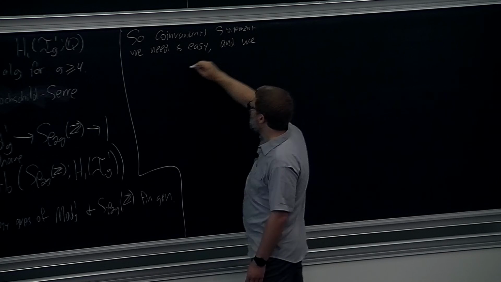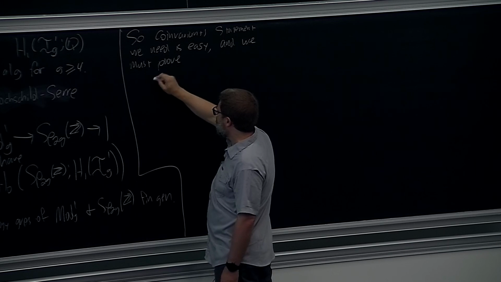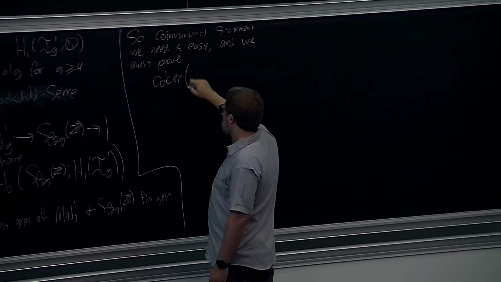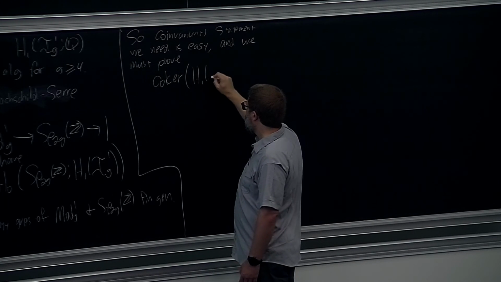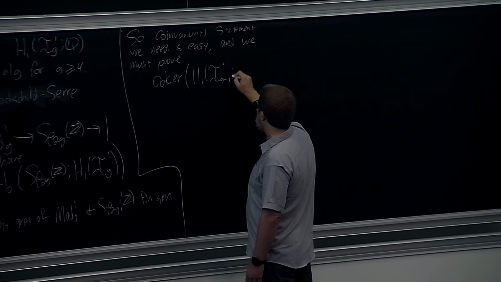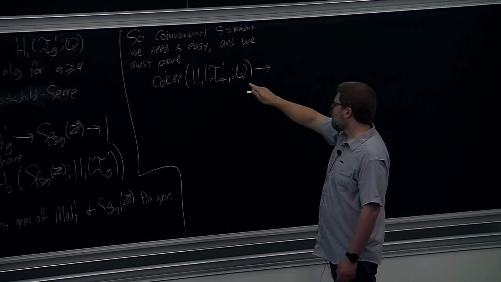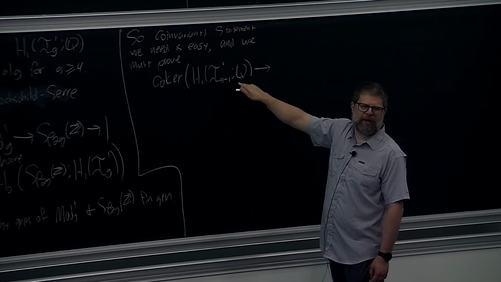and we must prove that the co-kernel of the map from H1 of Torelli g-1,1 with Q coefficients to H1 of Torelli g,1 with Q coefficients is a finite dimensional algebraic representation of Sp_2(g-1)(Z) for g at least 3. You could soup up what I'm going to do to work over Z, but I'm not going to.